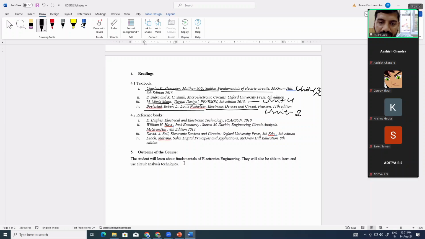There is no shortcut. Whatever concepts you follow in the lecture, you must revise at home, so that you can understand them better. Reference books you can follow as per your choice, but mostly you have to follow these three textbooks for this course.